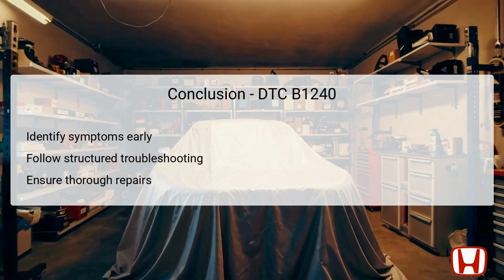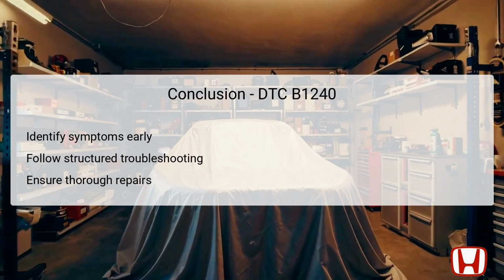In conclusion, DTC B1240 serves as an essential indicator of faults within the mode control motor circuit, crucial for effective climate control in Honda Civics from 2011 to 2015. Early identification of symptoms, such as inoperative climate controls or incorrect airflow, can significantly improve repair outcomes.